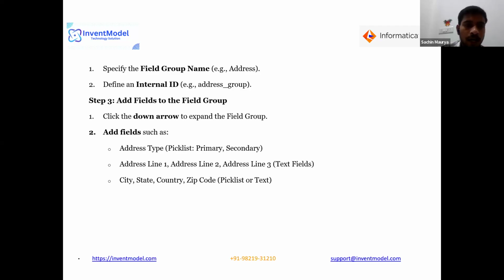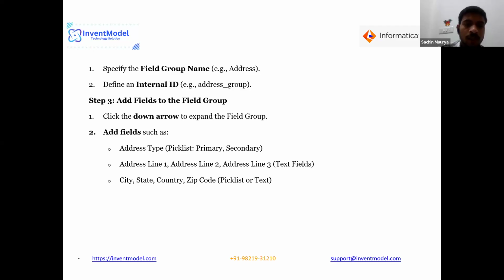So how can we add the field into the field group? We can simply click on the down arrow and it will expand our field group. And in that field group, we can simply add different fields. Like we can take an address type field, like primary or secondary. We can take a field for that, and other fields we can also take for address line 1, address line 2, address line 3.